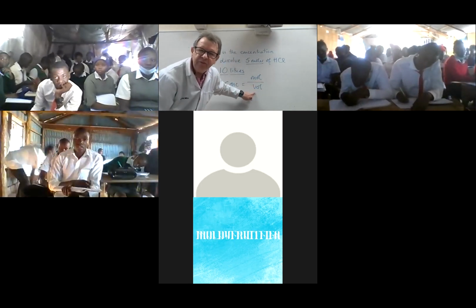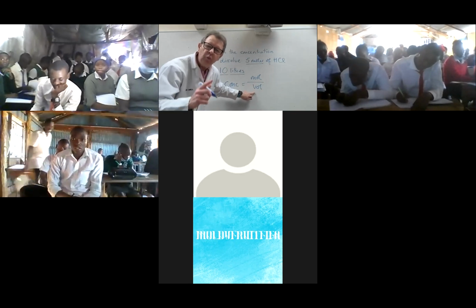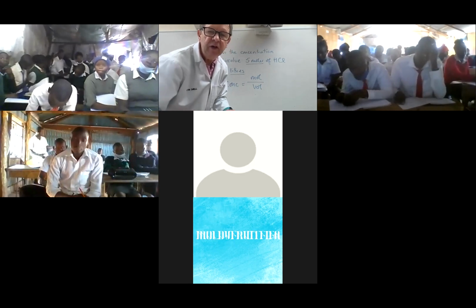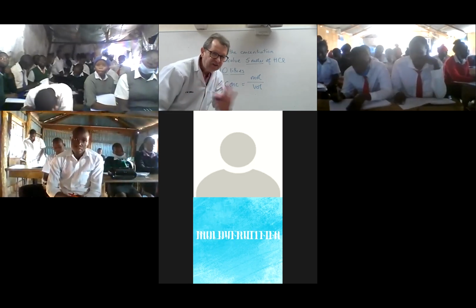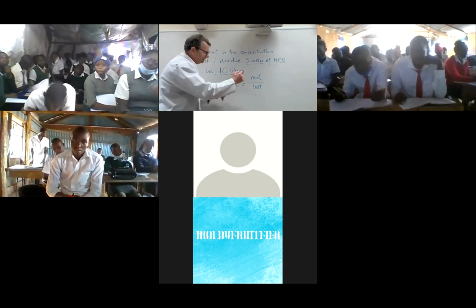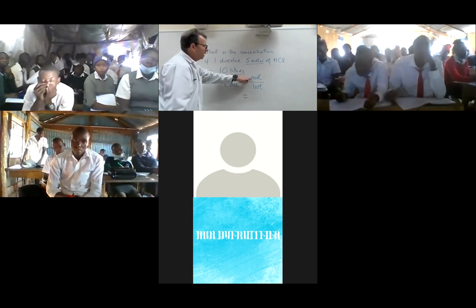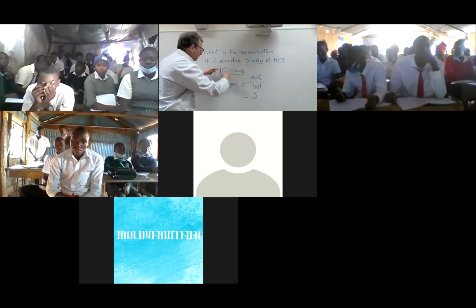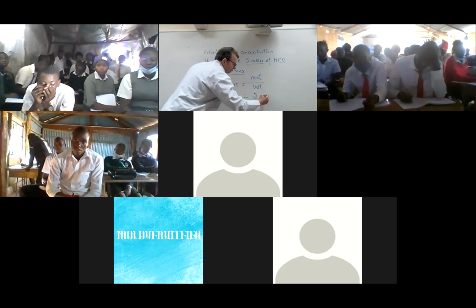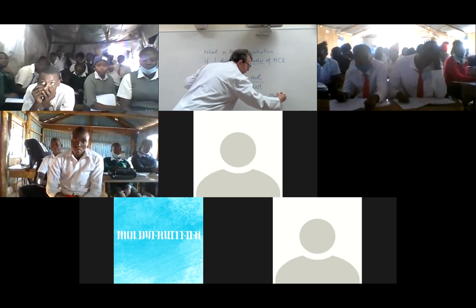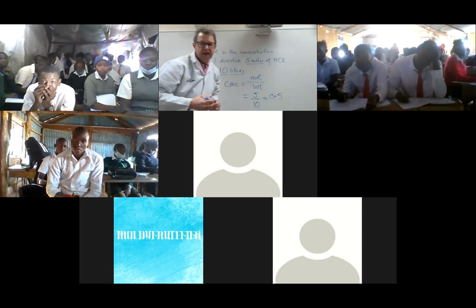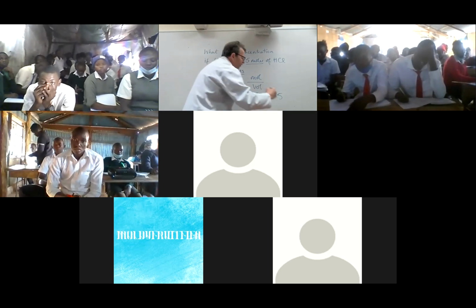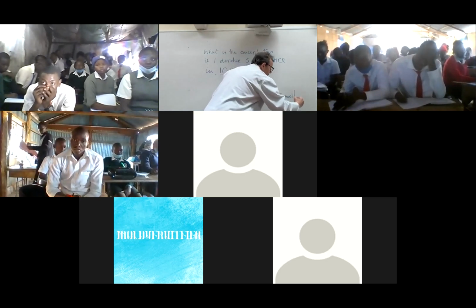Like I said, if the volume is in mils, we must divide by 1,000. If it's in liters, we keep it. So this equals my moles, 5, over 10. And this is 0.5, and it will be 0.5 moles per liter.